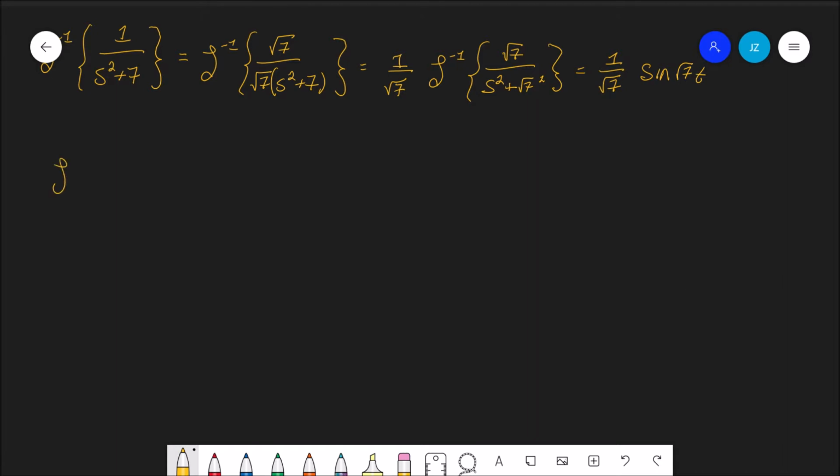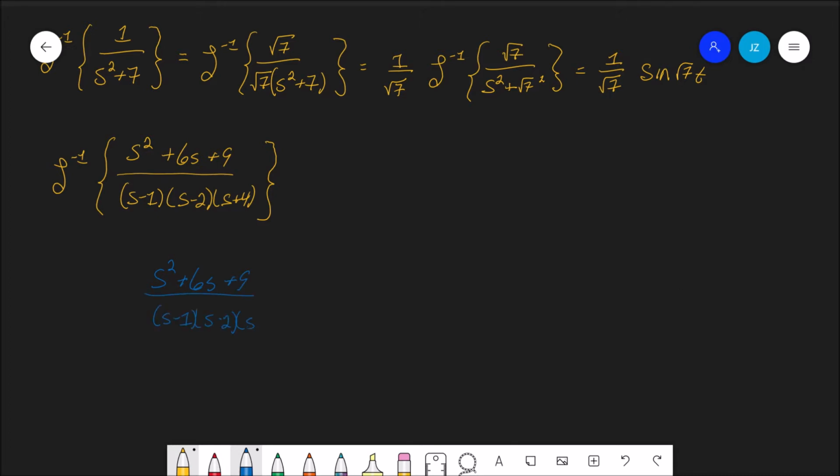So now we're going to look at the inverse transform of s squared plus 6s plus 9 over s minus 1 times s minus 2 times s plus 4. Now this one we're going to have to do a little bit more algebra on. We're going to use partial fraction decomposition on this.